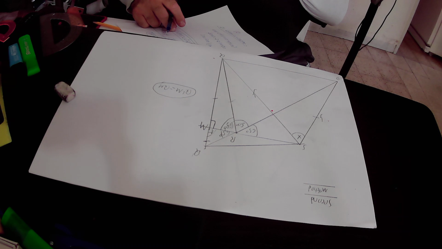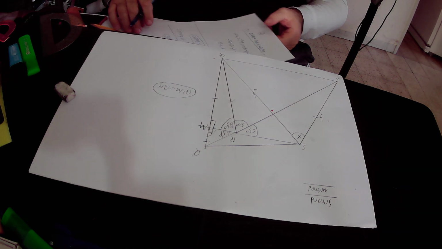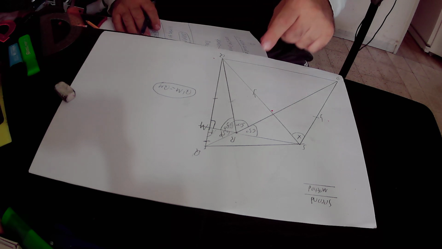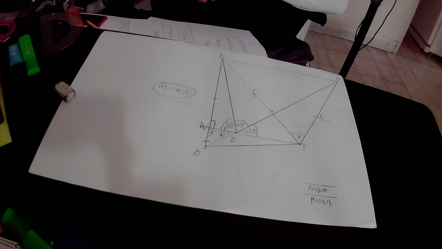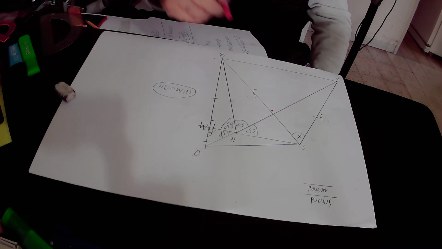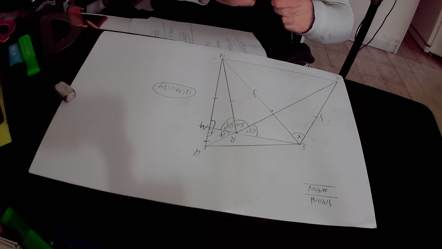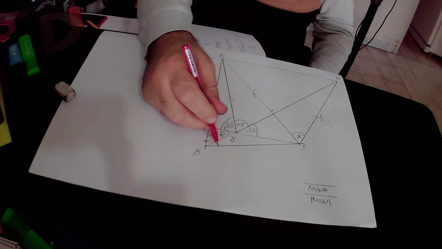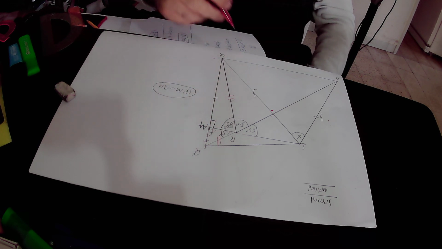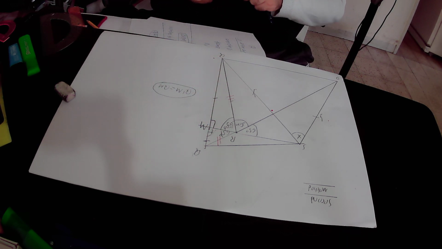And the second thing that we can conclude from the fact that those two right triangles can go into each other is that QR is equal to Q'R. I'll write it down.